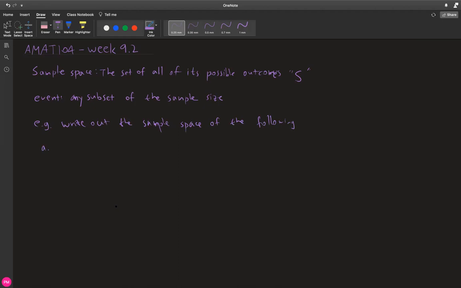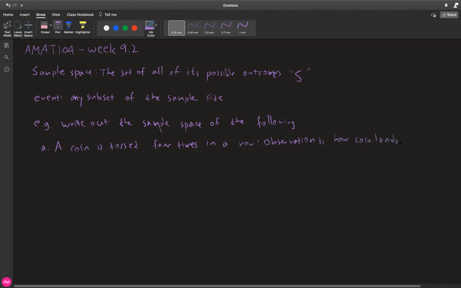The first problem: a coin is tossed four times in a row, and the observation is how the coin lands. In other words, you get heads or tails.